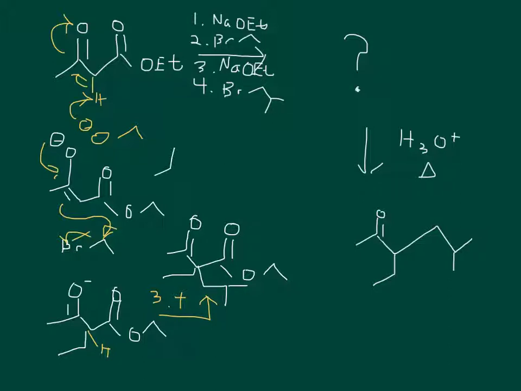I have this part, this carboxylic acid, and then our 2 R groups. Well, from here we need to consider what's going to happen when we add heat in the acid. Specifically what's going to happen to this carboxylic acid part. Because we see in our product that we've lost that. We've lost the carboxylic acid during decarboxylation.